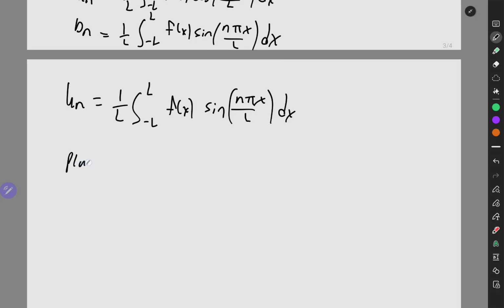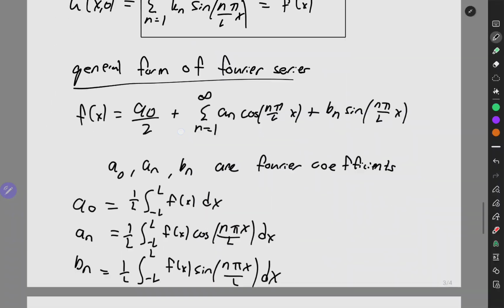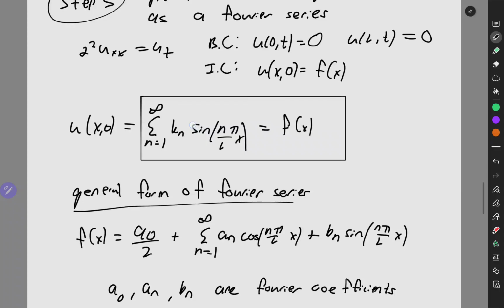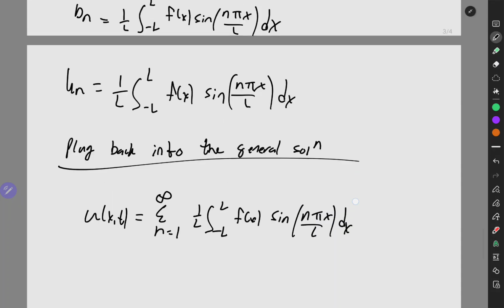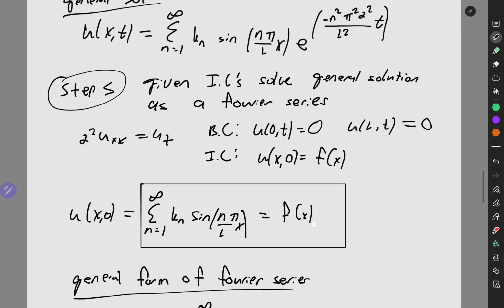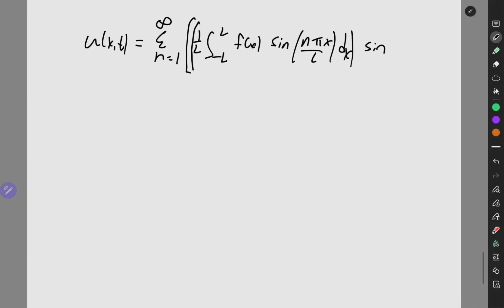If we had numbers, we would integrate this, right? So then you just go ahead and plug back into the general solution, which would be u of x and t is equal to the series n equals 1 to infinity of k sub n, which is 1 over L integral negative L to L f of x sine n pi x over L dx, times sine n pi x over L. I'm just going to copy this times this.